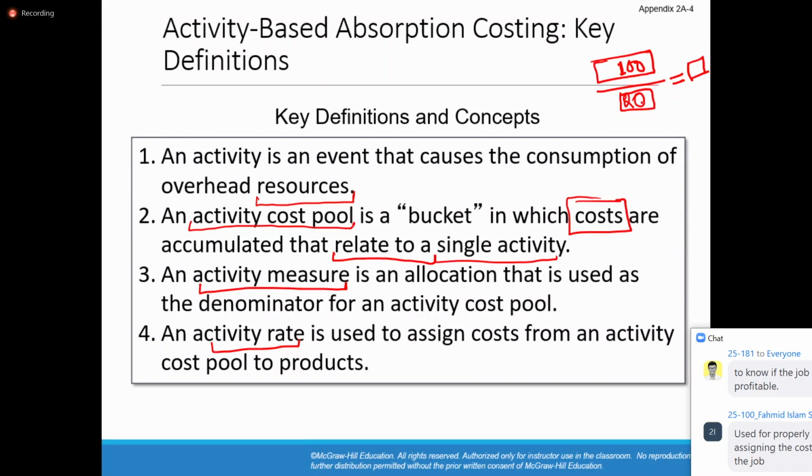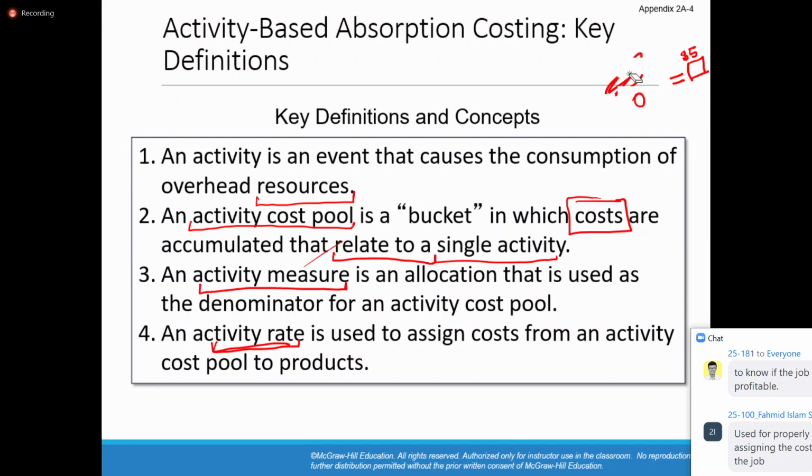Then per setup we need $5. So this $5 is an activity rate. What is it indicating? It is indicating the cost for an activity per setup, or it can be per machine hour, or per direct labor hour, whatever it is. You'll see an application later. But why are we doing this? We are doing this because we would like to apply the cost to the products. So we need a rate, and that is known as the activity rate.